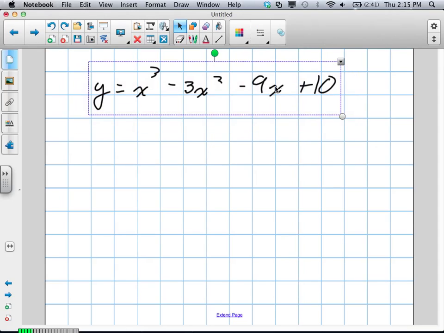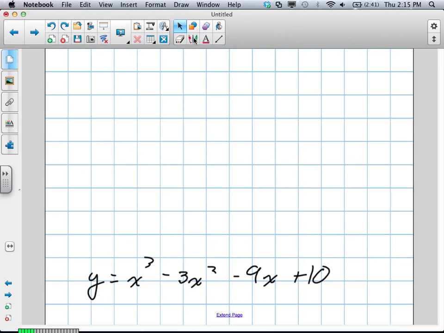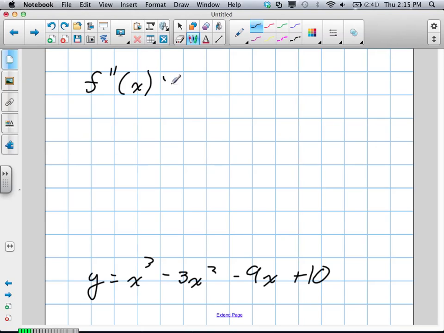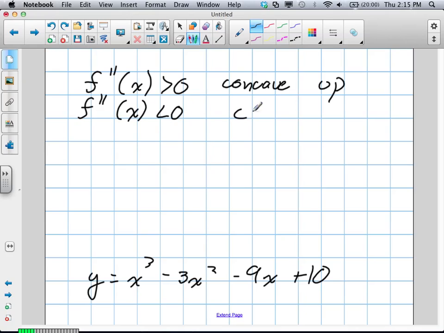I'm going to write a couple rules above. First of all, if f double prime, so second derivative of x, is larger than 0, so numbers we put in, that means we're concave up. Should probably put that on the other page, but it's fine. If f double prime of x is less than 0, we're concave down.